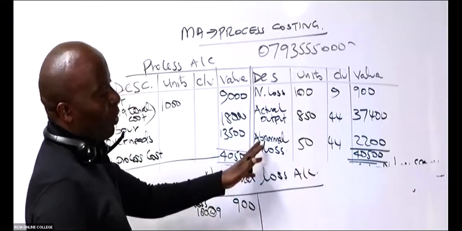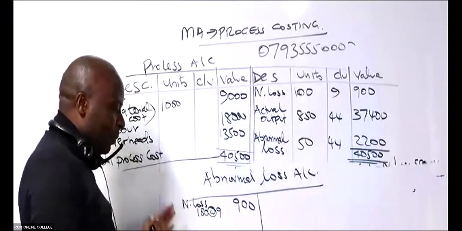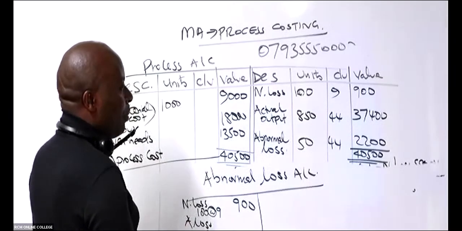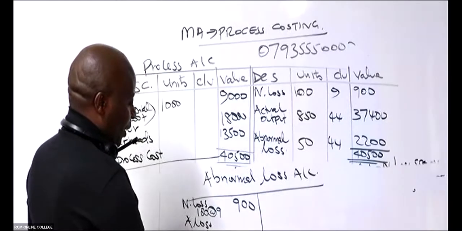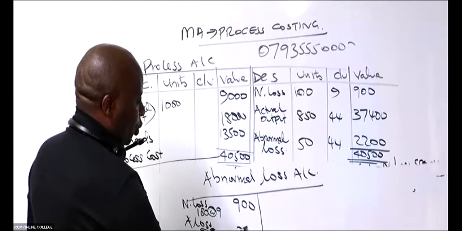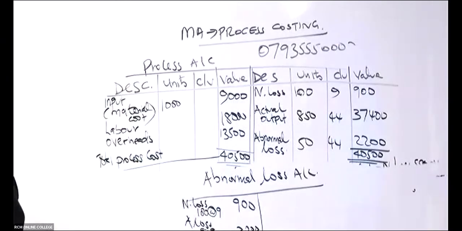And then we have abnormal loss, which was credited here, so again, we debit it here. So abnormal loss, 50 at 44, giving me 2,200.